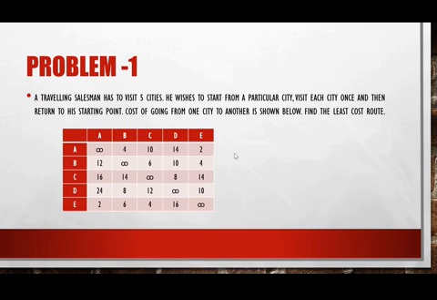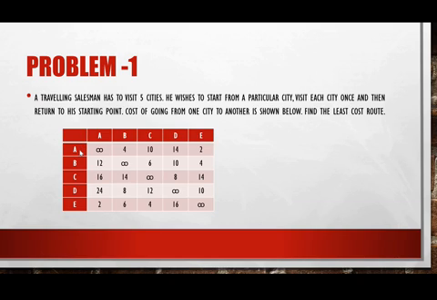Okay, the cost matrix given, as I said, in the traveling salesman problem, the primary diagonal elements will be infinity, right? Do you observe? The primary diagonal are all infinity.